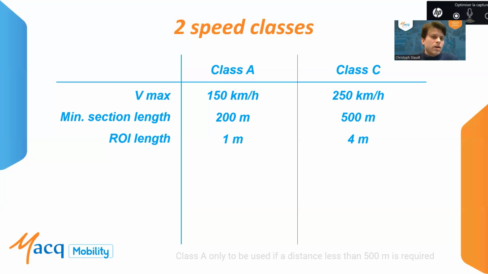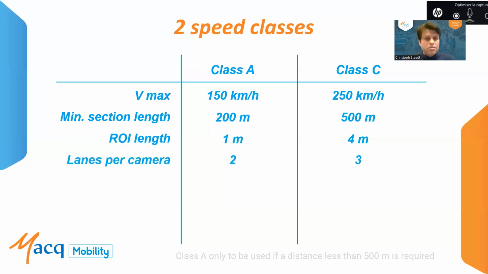If, for example, a license plate is before or after this 1 meter ROI, then it will not be taken into account. Nevertheless, this will be the next chapter, the performance. We ensure the highest performance in both situations, in class A and class C. For class C, the ROI is 4 meters long.